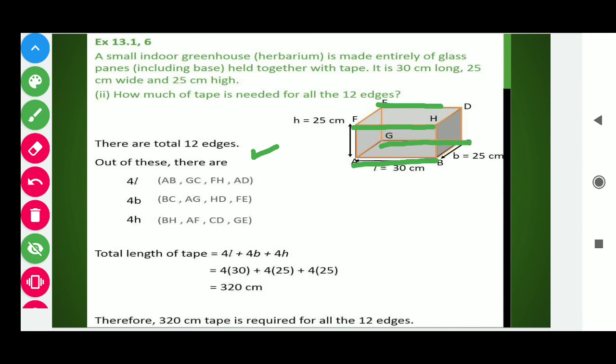So here we have 4 lengths. In the same way, we have 4 breadths and 4 heights. So the total length of tape will be 4L plus 4B plus 4H. By putting the values of L, B, H, we get 320 centimeter. Therefore, 320 centimeter of tape is required for all the 12 edges.